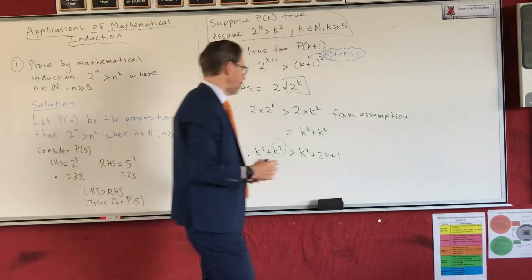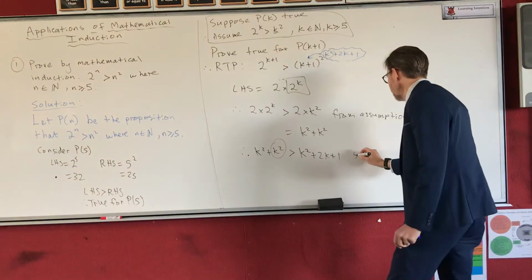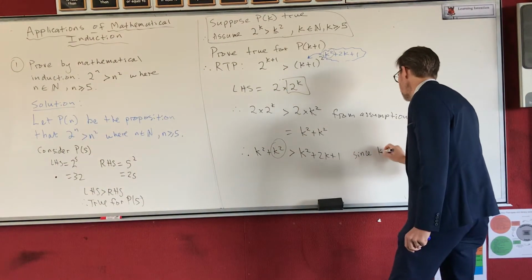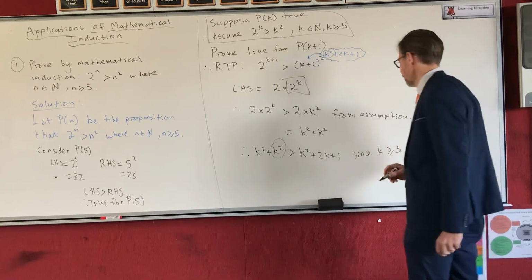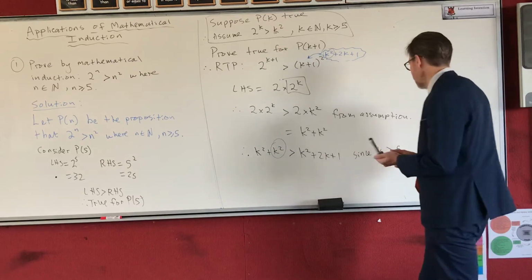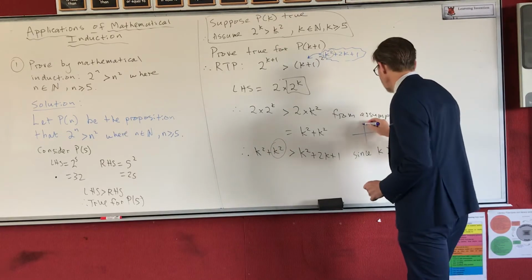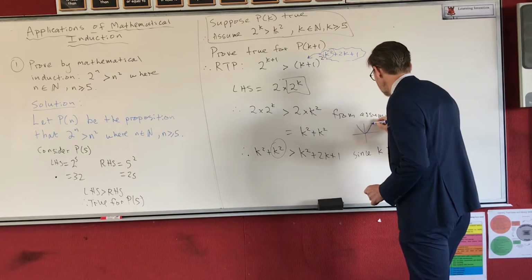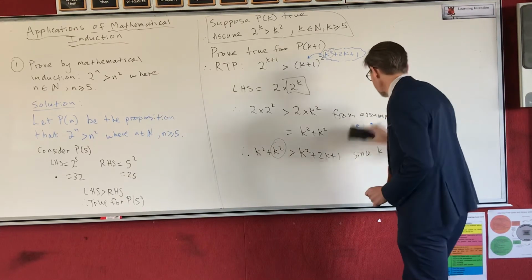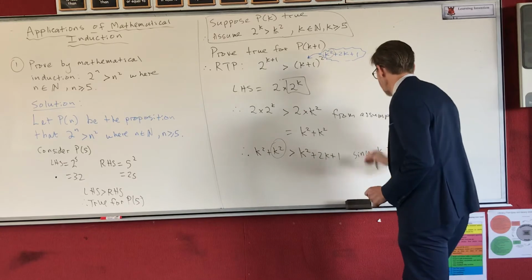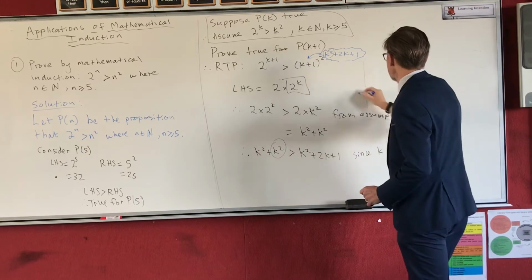Now, we should say, since this is only true for k greater than or equal to 5, if you drew a rough sketch of k squared or x squared there, I'll do it up here a bit bigger.